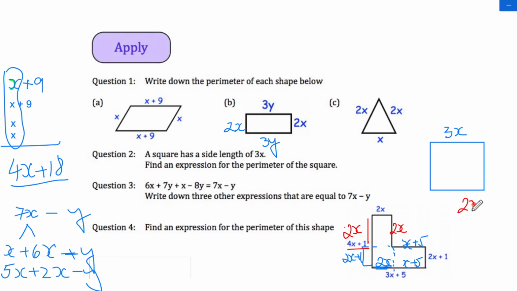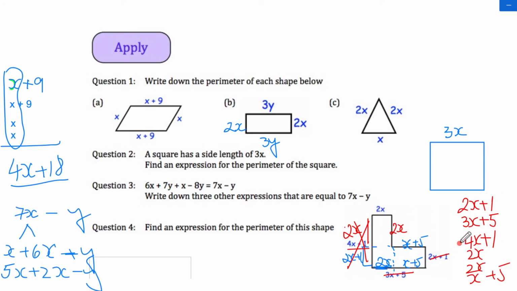You need to do 2x plus 1, which is this one, plus 3x plus 5, and this one is 4x plus 1. We take the whole side, 4x plus 1. Okay, we've done that. Now we do 2x plus another 2x plus another x plus 5.